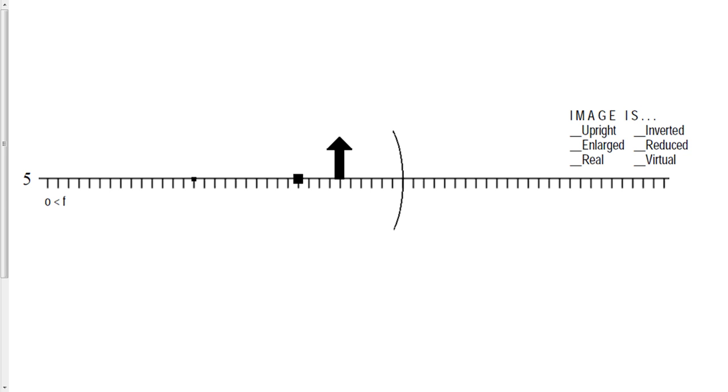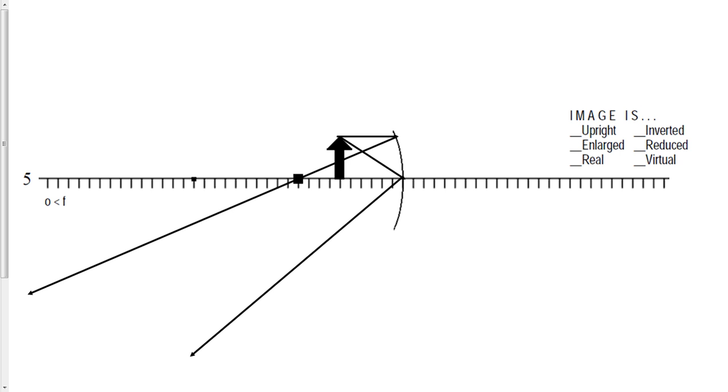Take a look at the last one. What happens when you're inside the focal point? Parallel through the focal point. That always works. Now we can't go through the focal point again, because we don't hit the mirror if we go through the focal point. So we obey the law of reflection. From the tip to the middle, and law of reflection. Now here's where it becomes important to draw the virtual rays.